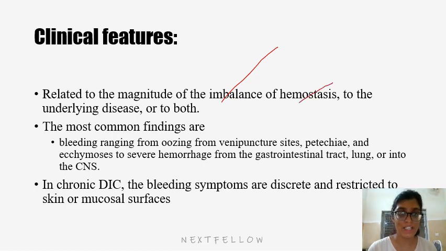The most common findings are bleeding ranging from oozing from venipuncture sites, petechiae, and ecchymosis, to severe hemorrhage from the GI tract, lung, and into the CNS. In chronic DIC, the bleeding symptoms are discrete, restricted to skin and mucous surfaces.